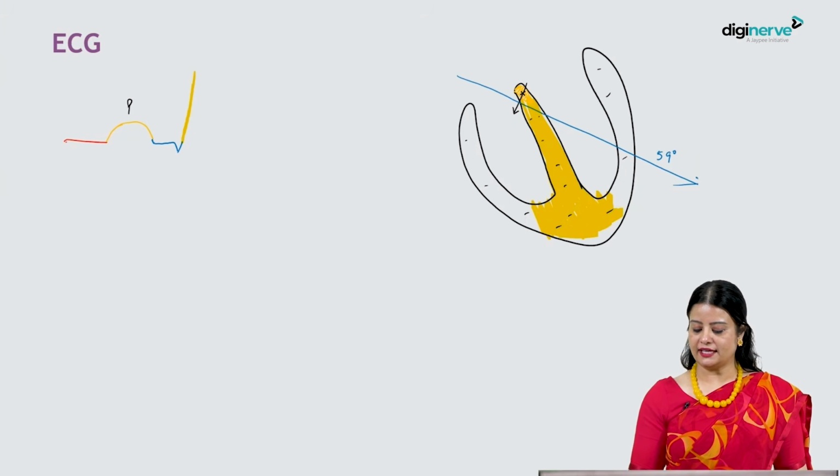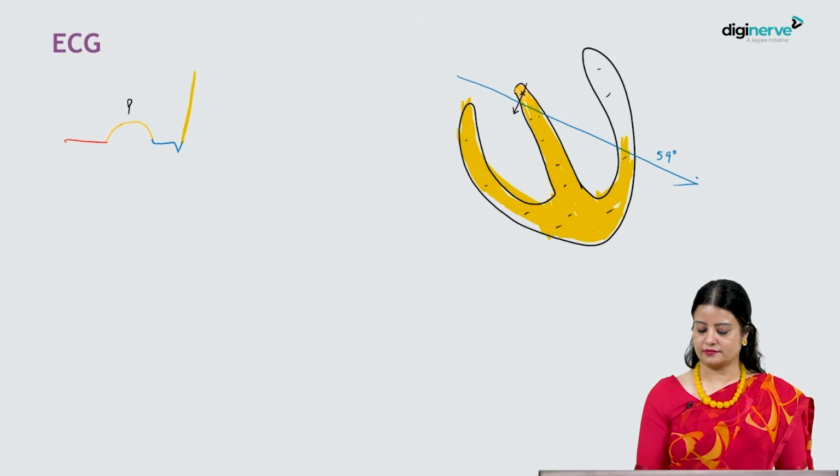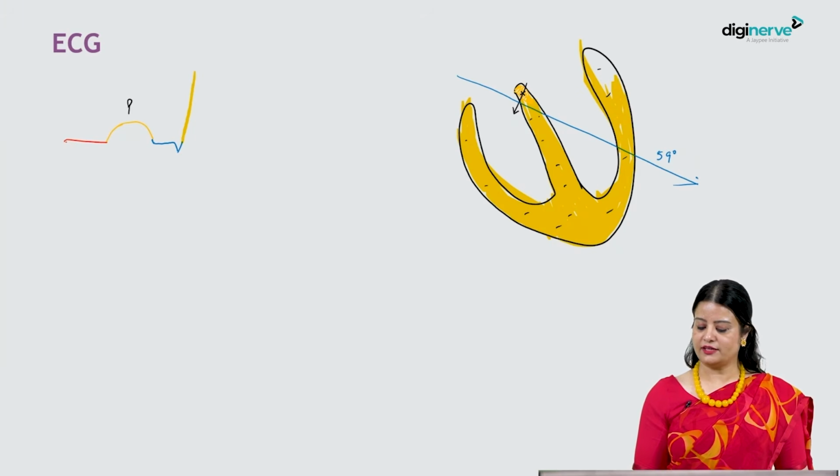So at one time, the entire ventricle gets depolarized, leaving only the posterobasal part of the left ventricle.